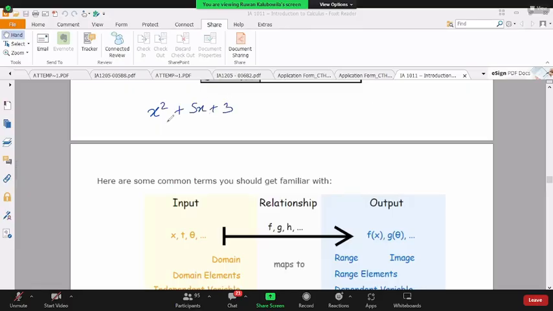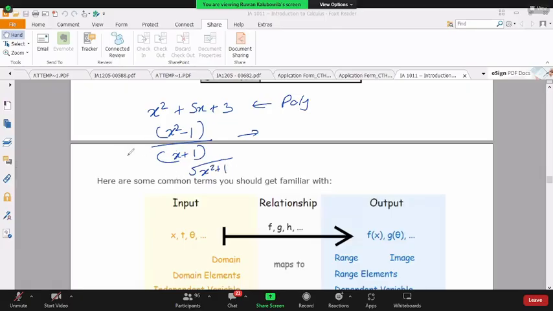Then we talked about rationals. Rationals means we have two parts, something like (x squared minus 1) over (x plus 1). And the square root things, like the square root of x squared plus 1.